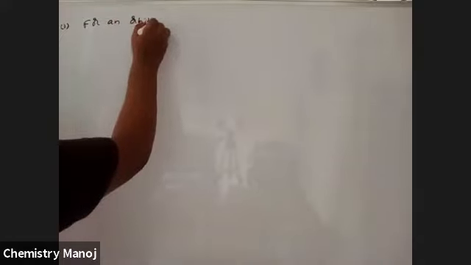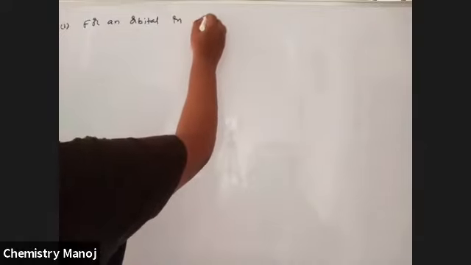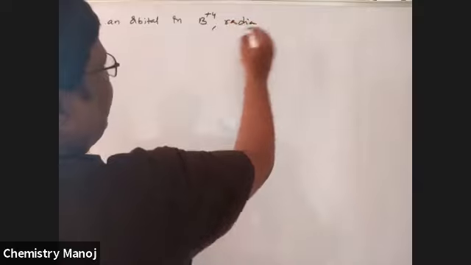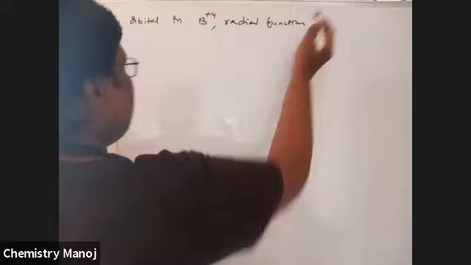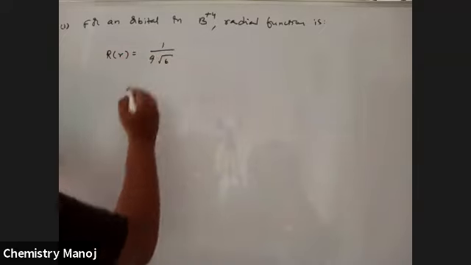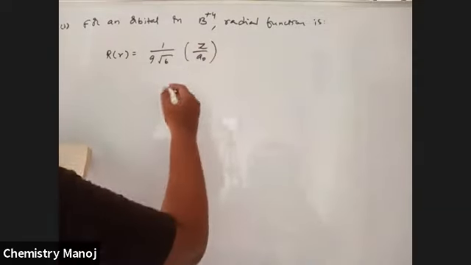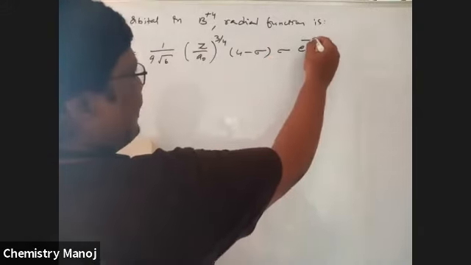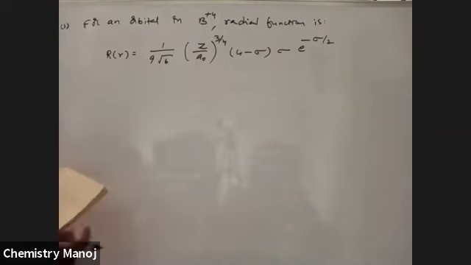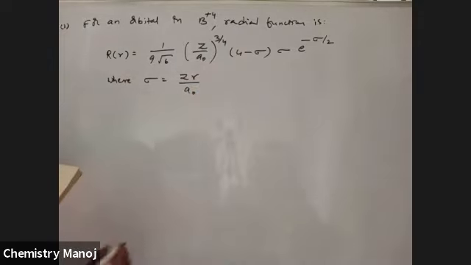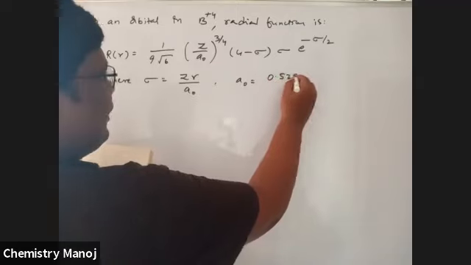For an orbital in B plus 4, the radial function is given to you, that is R is equal to 1 by 9 root 6, Z by A naught to the power 3 by 4, sigma e power minus sigma by 2, where sigma is equal to ZR by A naught, and A naught is equal to 0.529 angstrom.